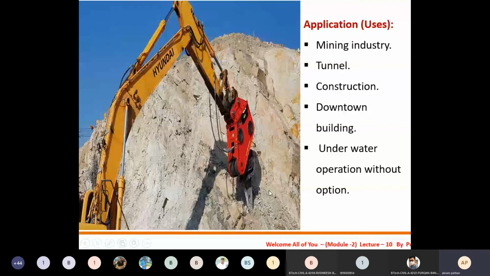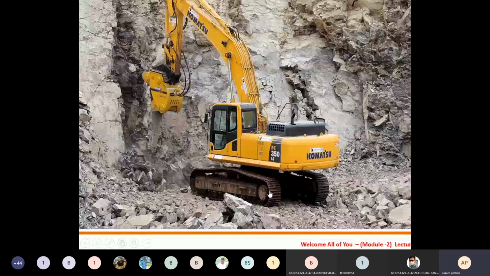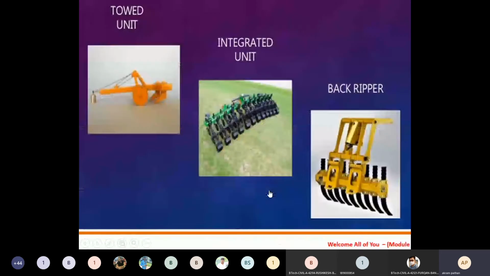We saw it in the last lecture. Then we played one video also in the previous lecture. Then the different types of rippers. Ripper means teeth which are used to excavate rock from an area. So this is the integrated unit or the teeth series.